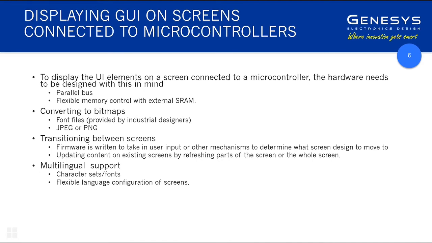Transitioning between screens is quite important. You saw in James's slides that he showed the wireframes or flow charts of how different screens connect together. When a certain button is pressed, what's the next screen that appears? All that design gets fed into the firmware, where the firmware engineer will make the decisions, based on certain user input, about what the next screen to display is. That's basically loading on the next image.